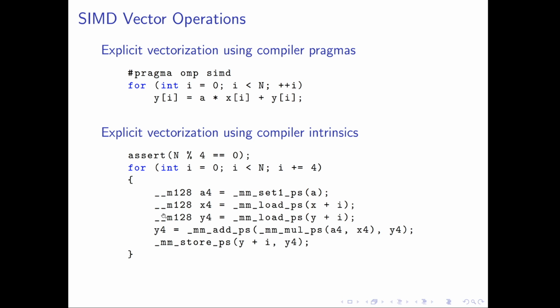After I have explicitly loaded the data with functions, I also explicitly call functions that directly map to instructions and that perform arithmetic. Here I perform the multiplication, the same multiplication as this one here, and then I take the result and feed the content of the 128-bit register Y4 into the add intrinsic, and then I finally store the value of this register Y4 to main memory.